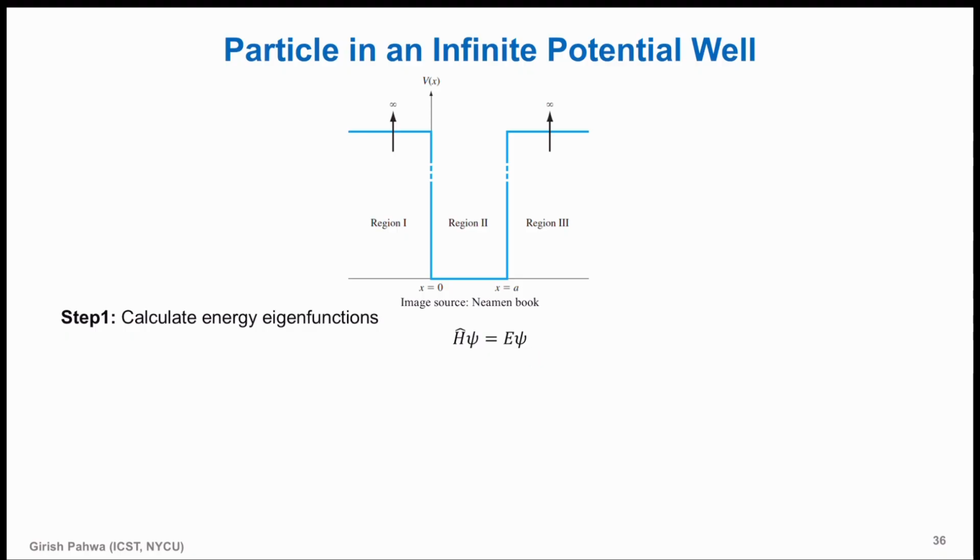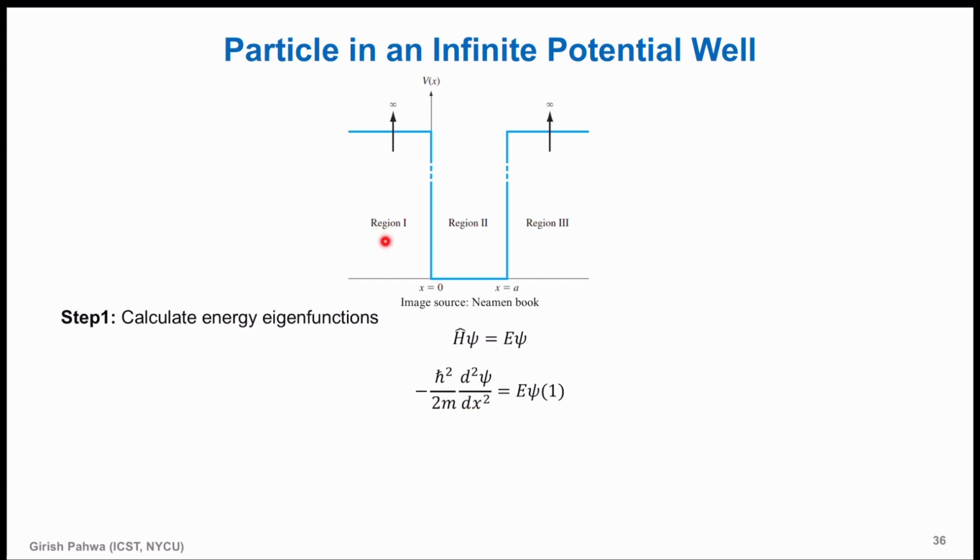What is H? H is minus h bar square by 2m into d2 psi by dx square, equal to E psi, but I'm talking only about this region. In this region my potential energy is 0, right? So H cap is given by only the kinetic energy operator. Potential energy is 0.